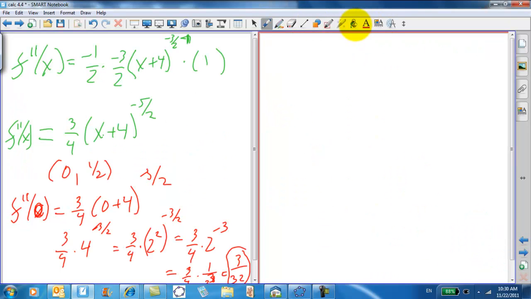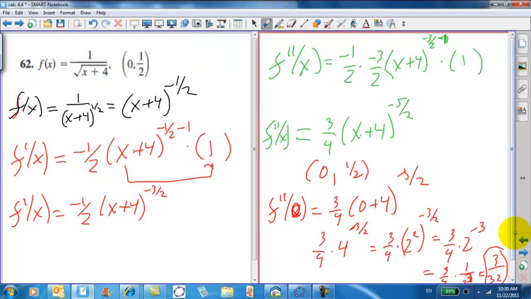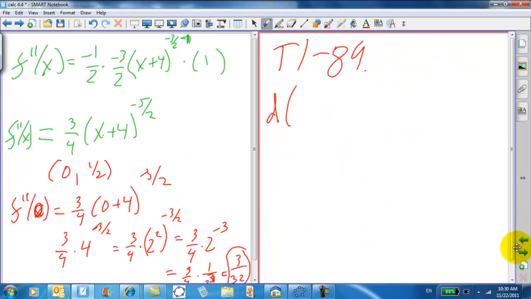Now here's what you need to do on your TI-89 to do a second derivative. You get the little d command out, and then it's 1 over the square root of x plus 4 at x equals 0 comma half. So derivative of 1 divided by square root x plus 4 with respect to x, so you have to comma x, comma 2, and that's for doing the second derivative.